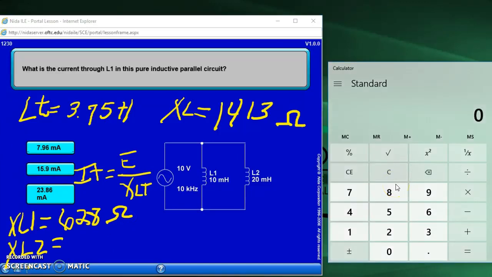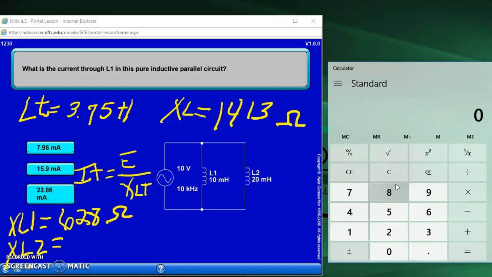Now we're going to do X of L2. We're going to say 2 times 3.14, which is pi, times 10,000 hertz, or 10 kilohertz, times 20 equals. And that doesn't look right, so I'm going to clear that.